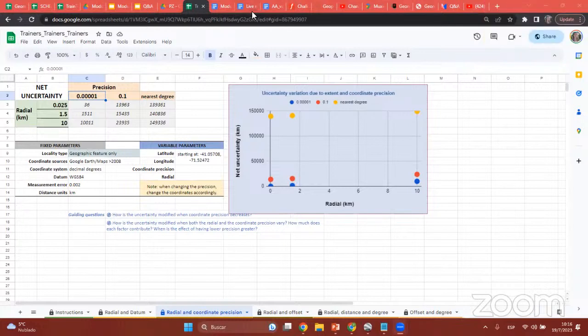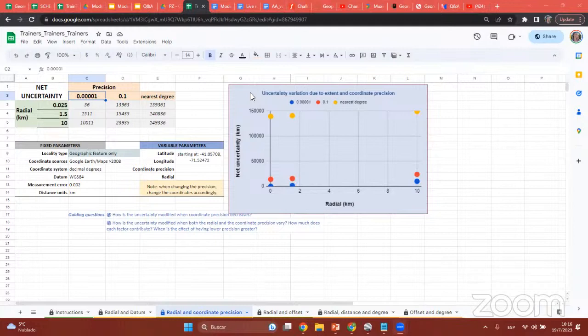Okay, thank you. I was wondering, now I understand that all the uncertainty of one table concerns one feature, it's not like 3 features for 3 radials.